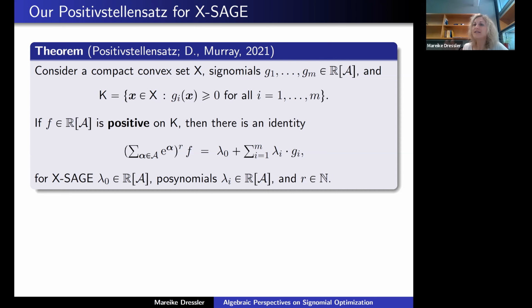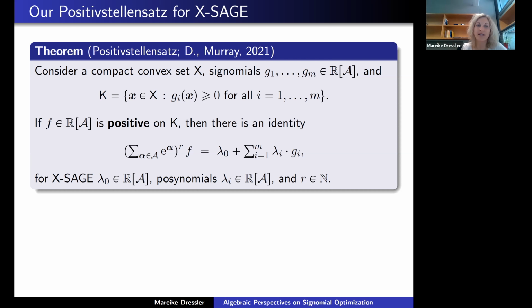This is in a nutshell the key to approach these non-negativity questions, or at least the conditional non-negativity questions. And there are lots of different Positivstellensätze which differ by the exact representation of this positive polynomial or signomial. And so our Positivstellensatz goes as follows.